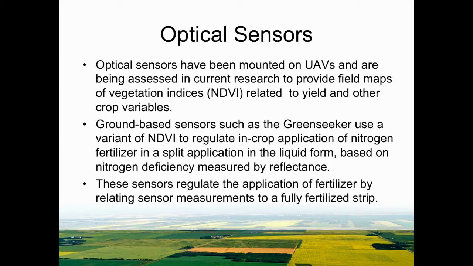Now the sensors have been assessed in current research and continue to be assessed in terms of the NDVI, which has a long history in crop research. And the Green Seeker also uses a variant of the NDVI as well as an equation to convert the information from the in-crop measurements to the requirement for fertilizer application and the split application.